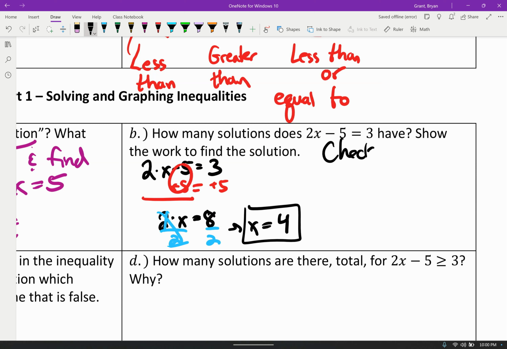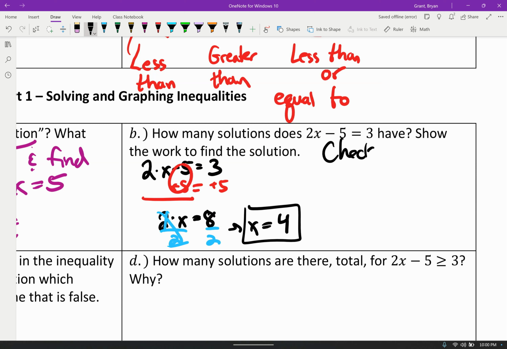So the first question says, what does it mean to solve an equation? Well, to solve an equation, you have numbers that are happening to x. And when you solve an equation, that means you isolate and find the value of x.